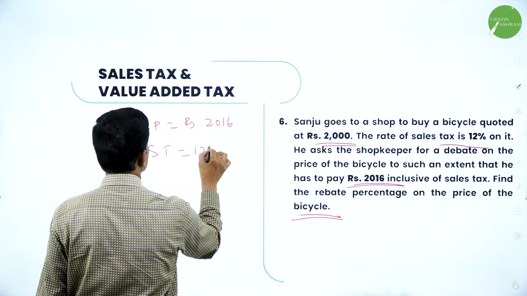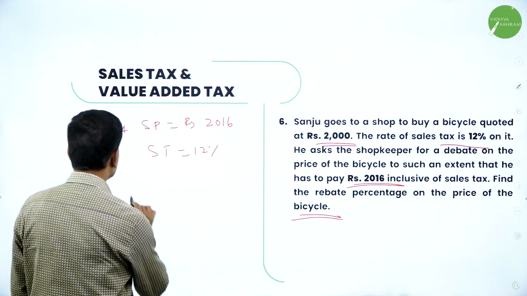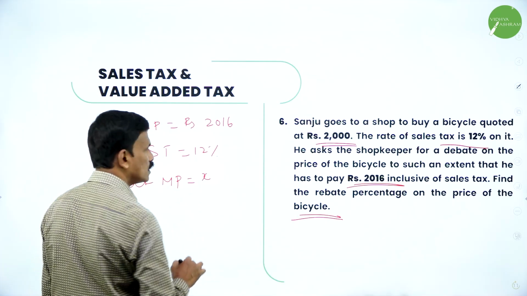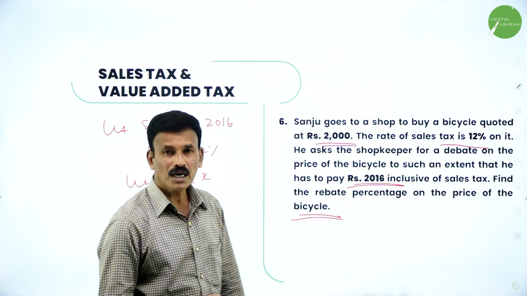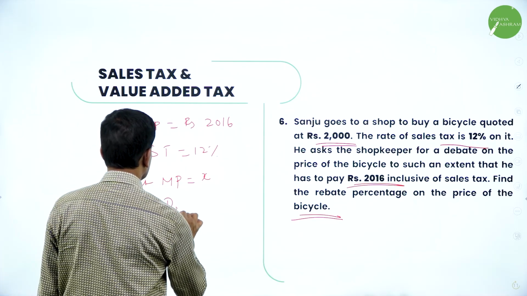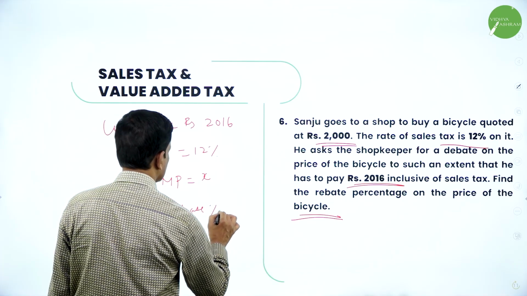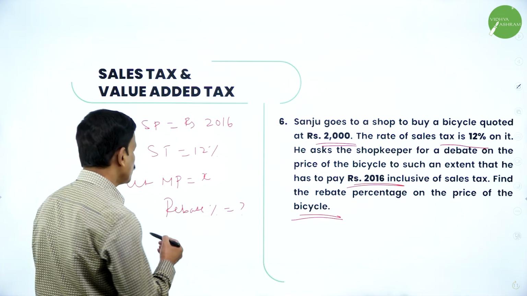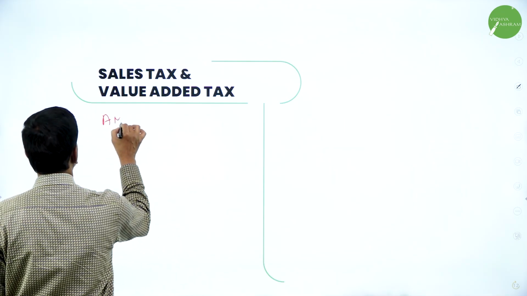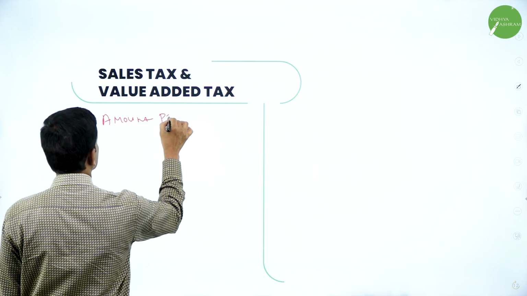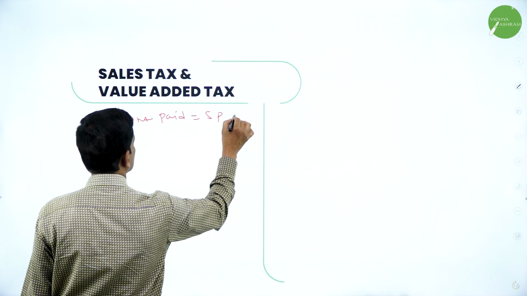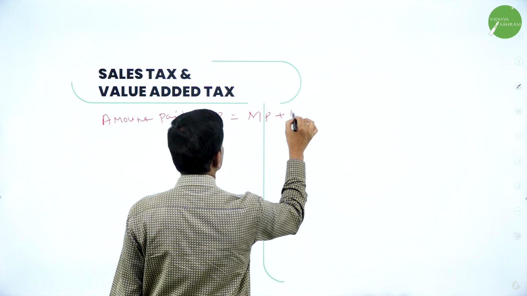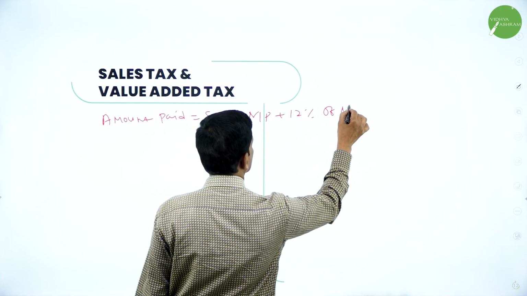Now let MP is equal to x, and the rebate percentage is equal to question mark. That is to be determined. Right. So now calculate the amount paid. Amount paid, that is nothing but SP, is equal to MP plus 12% of MP.